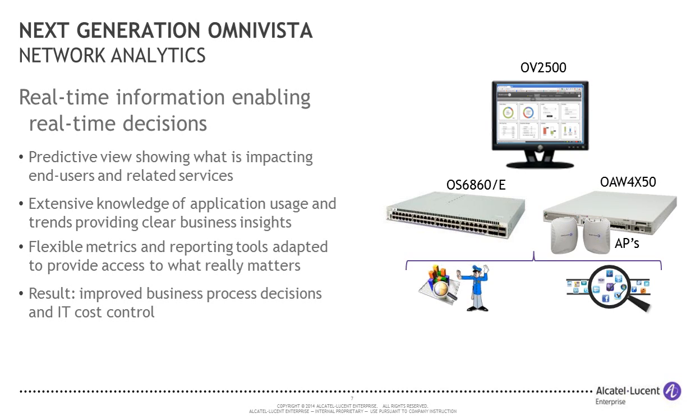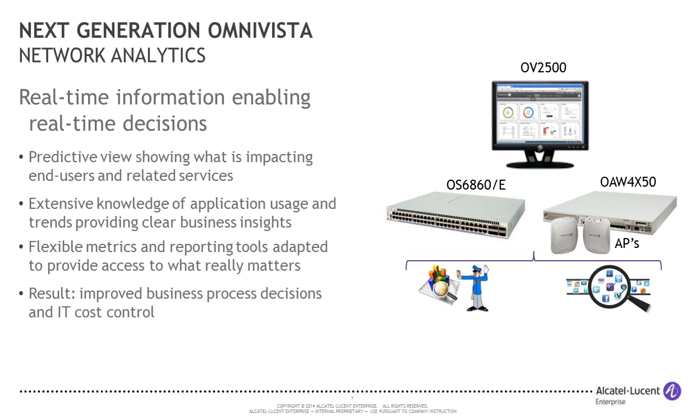The 6860 and 6860E provide all of the hardware and the hard-working muscle to identify and enforce policy on these applications, but it's the OMNIVISTA 2500 that actually provides the detailed reporting, the visibility, the application of these policies.